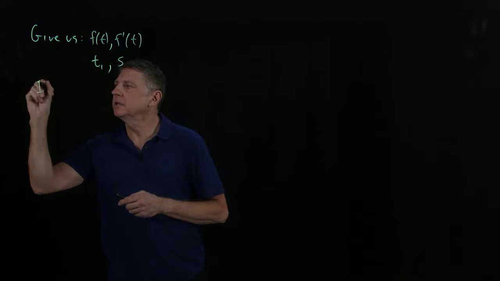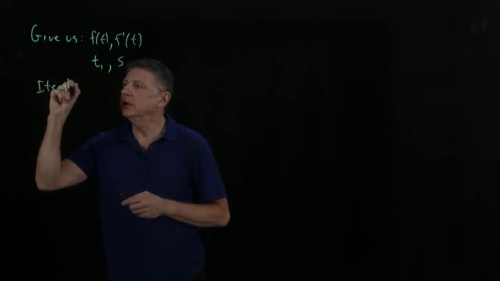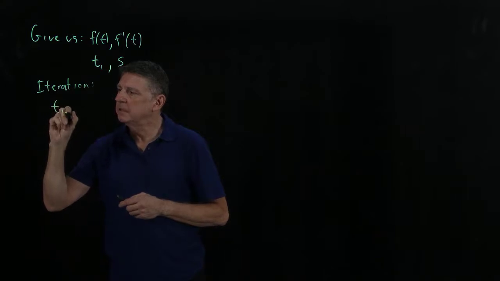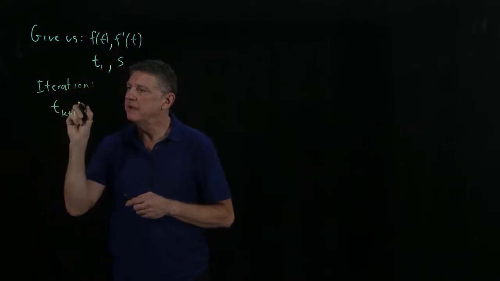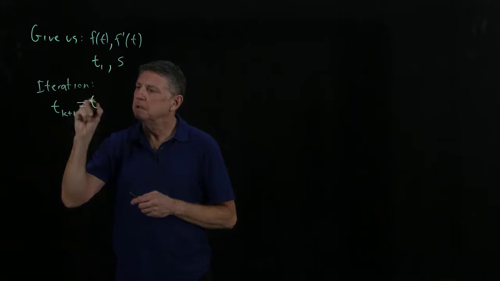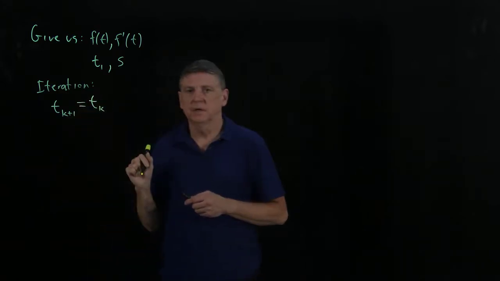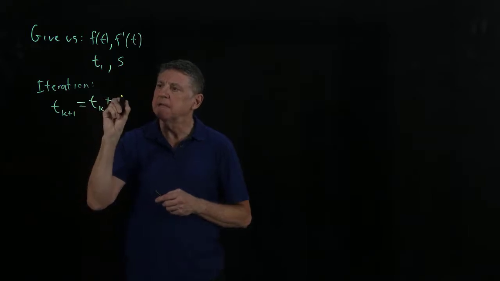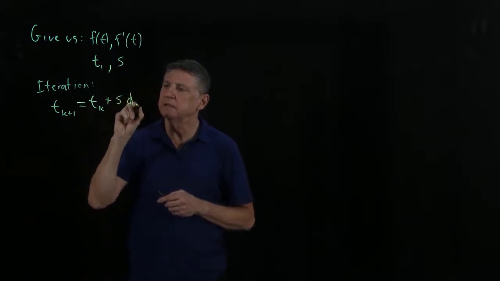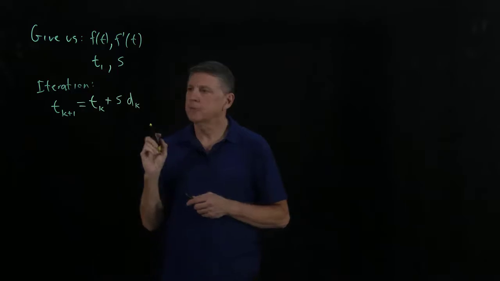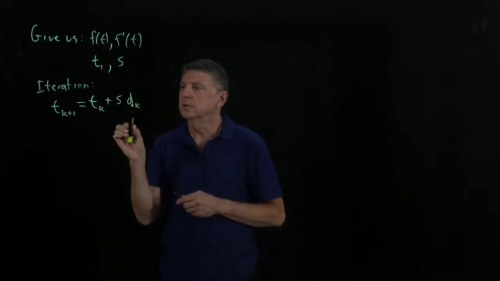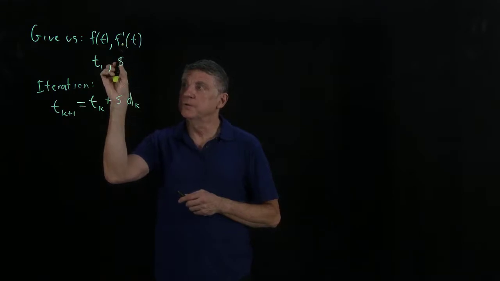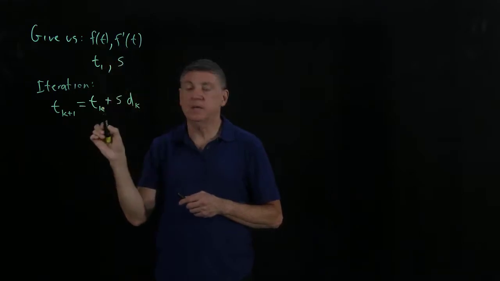And our iteration will be, we will estimate the new value to be the current estimate of the minimizer plus a fixed step size in the direction. This direction will be the negative first derivative evaluated at the k point.